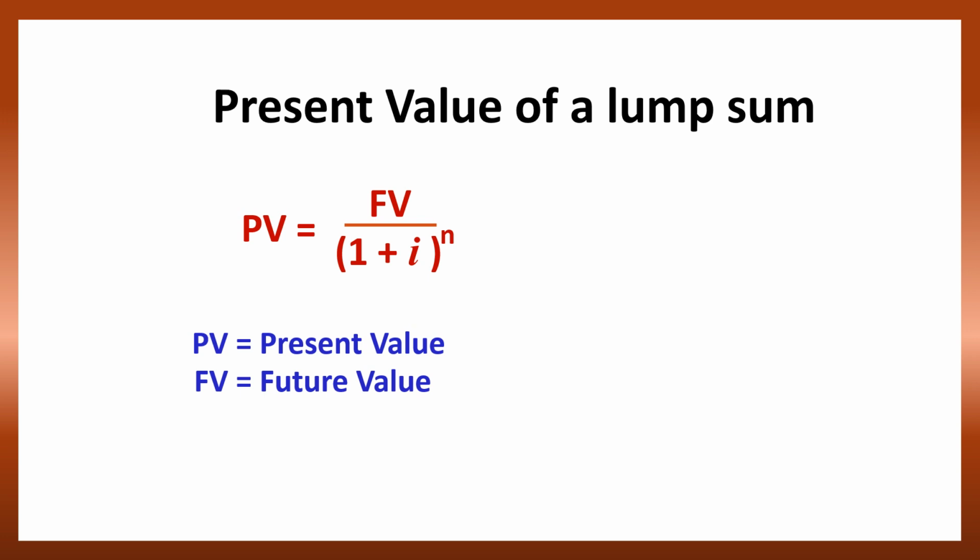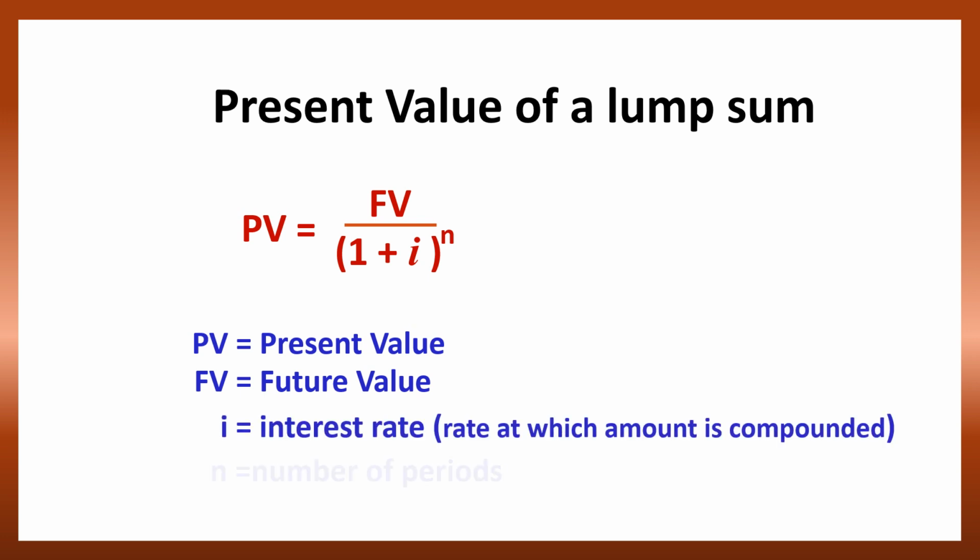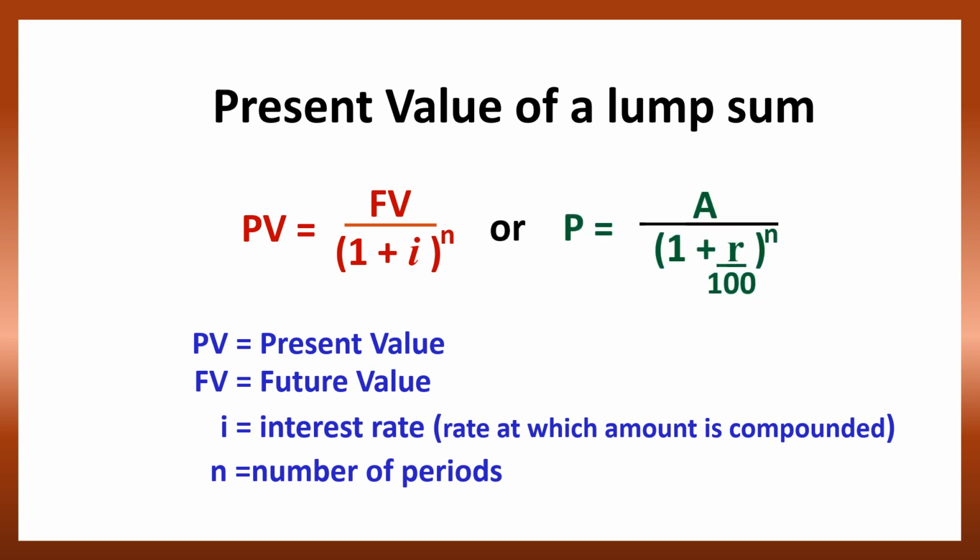Instead of using this formula, we can also use the formula to find present value in the case of compound interest. That is, P is equal to A divided by (1 plus R by 100) whole raised to N. Both of these formulae can be used to find the present value.